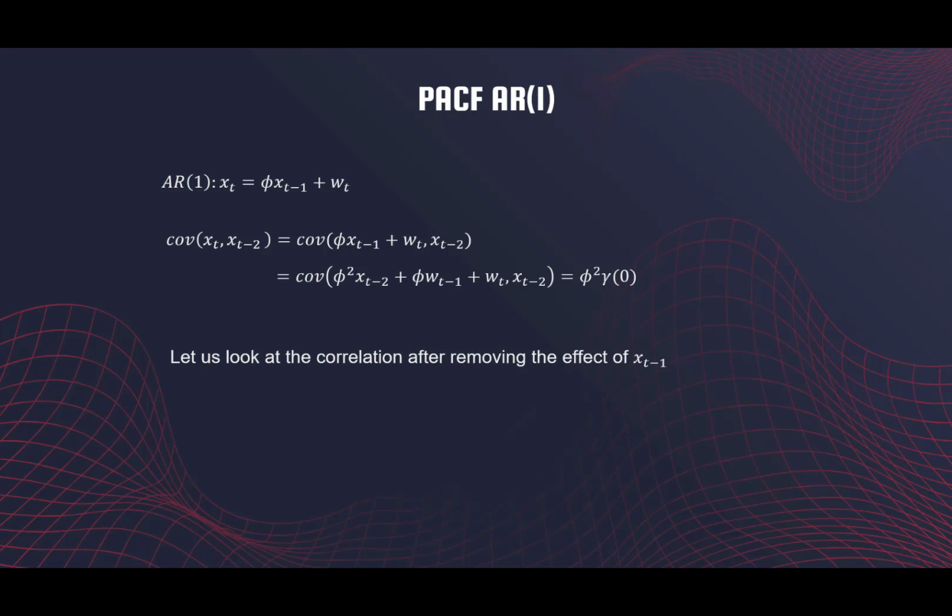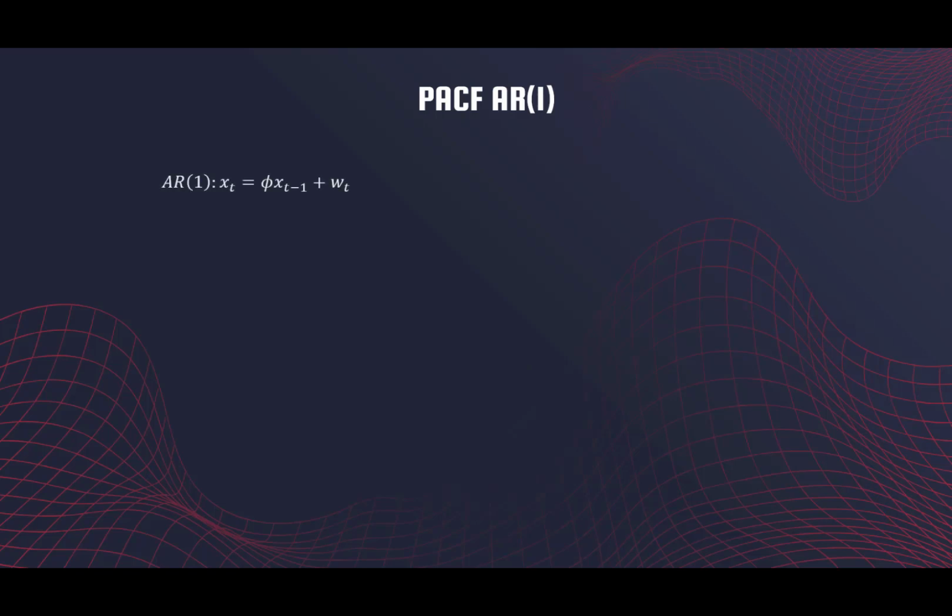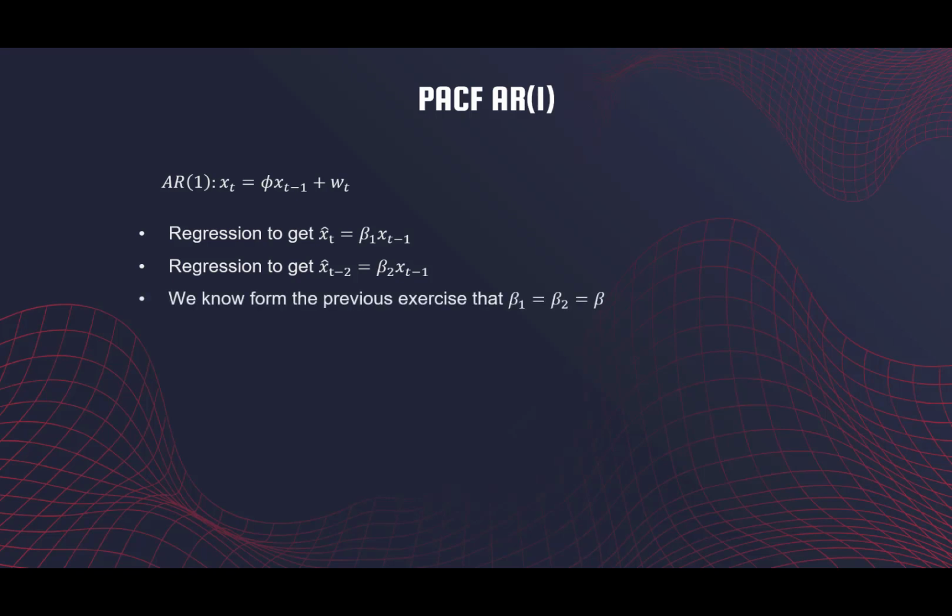So two regressions, x_t on x_{t-1}, x_{t-2} on x_{t-1}, okay? The regression of x_t on x_{t-1} is this, and x_{t-2} on x_{t-1} has this form, but we know that the constants beta_1, beta_2 are the same. Moreover, we've already proved at the start that for this one time step difference, this beta turns out to be rho_1. And for AR(1), this rho_1 is phi.